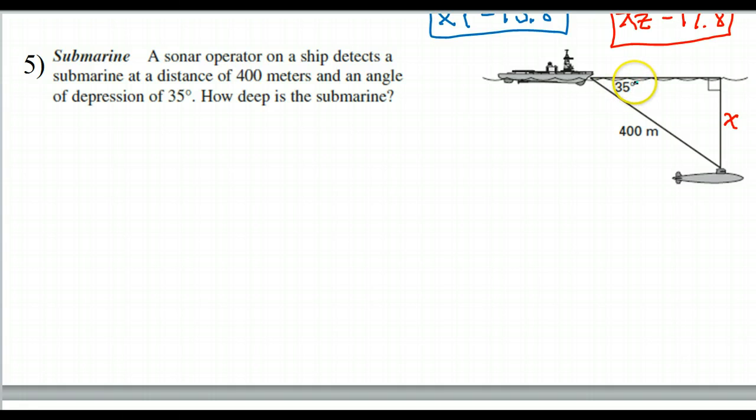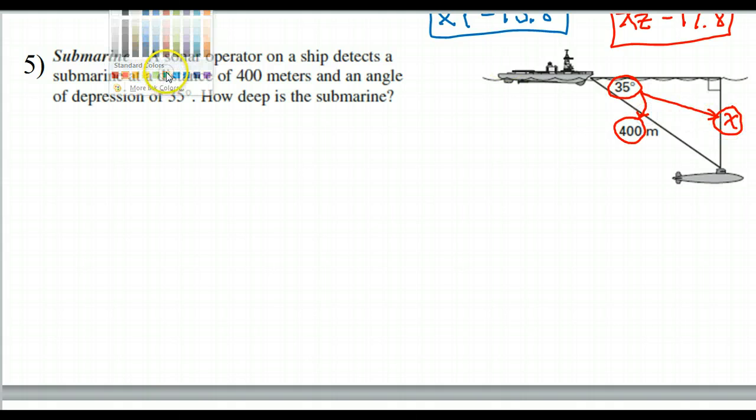So, considering that we've got ourselves the 35 degrees and we've got the 400 and we're trying to find x, which trig function are we going to use? Are either one of these the hypotenuse? Yeah. This is the hypotenuse, the 400. This is the opposite leg.